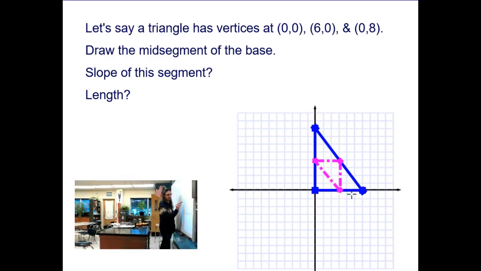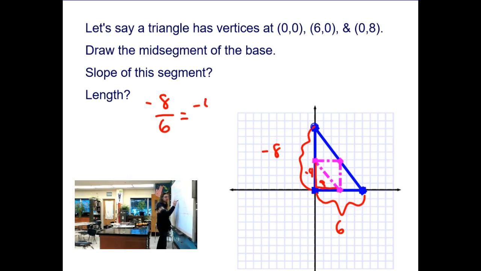This one is negative 8 over 6. This one right here is down 4 over 3. Are those two congruent? Absolutely.